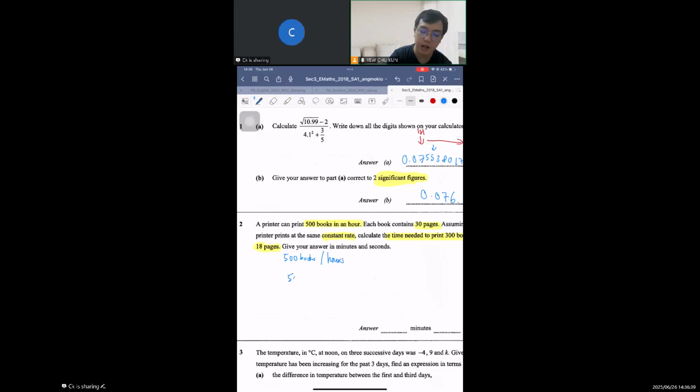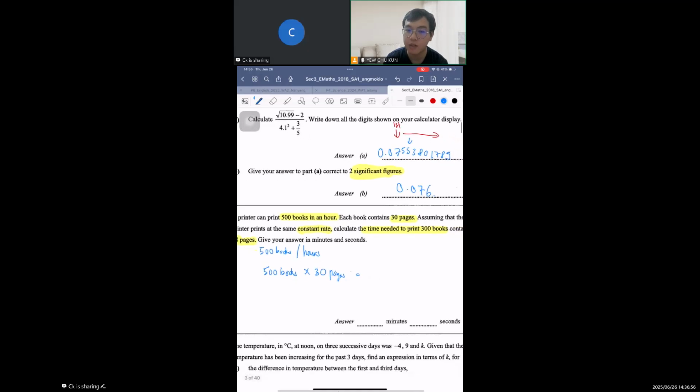Each book contains how many pages? 30 pages. Times 30 pages equals how many pages in total? 15,000 pages per hour.